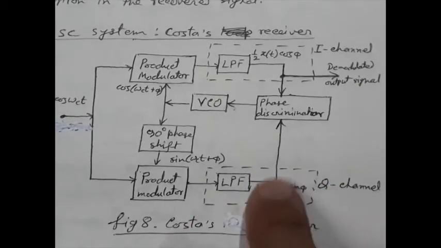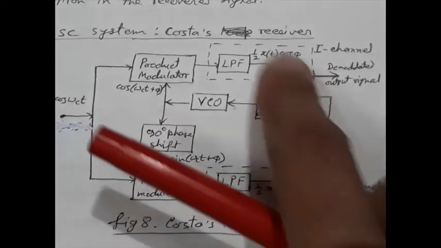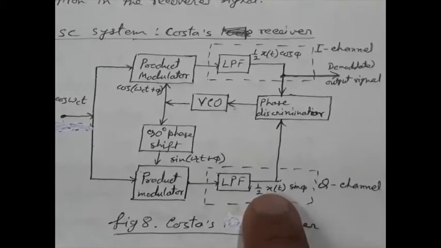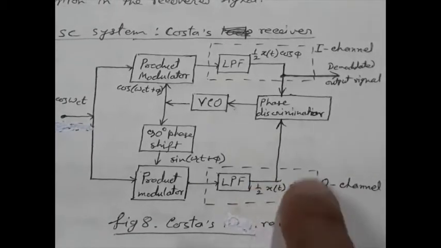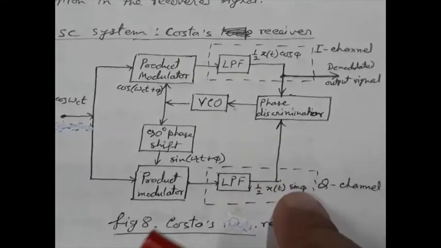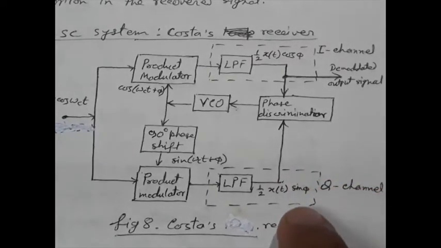We can also call it the quadrature null effect, because sin phi and cos phi are in phase quadrature. So because of this quadrature null effect, the Q channel output is 0. So this is the condition when it is locked and we are getting the output.